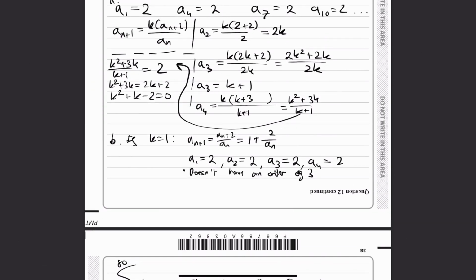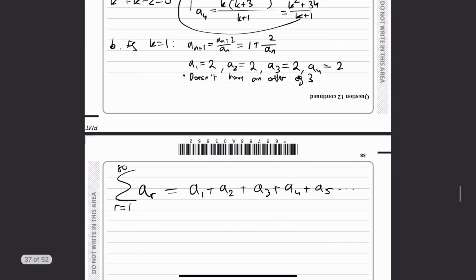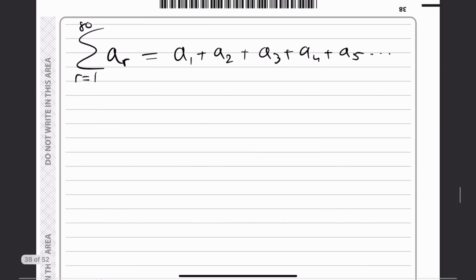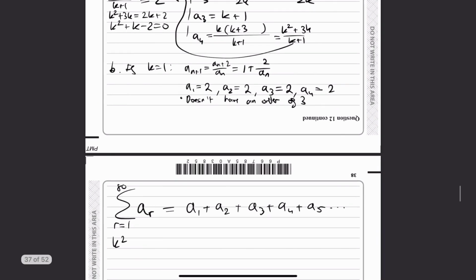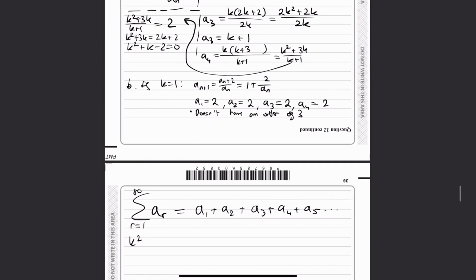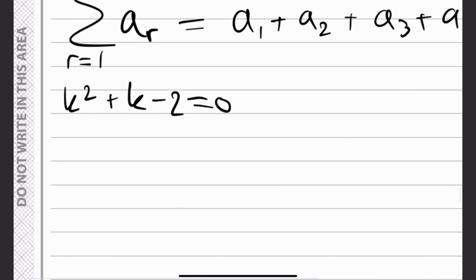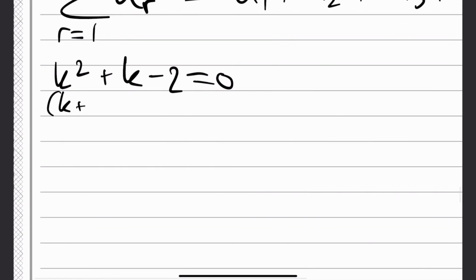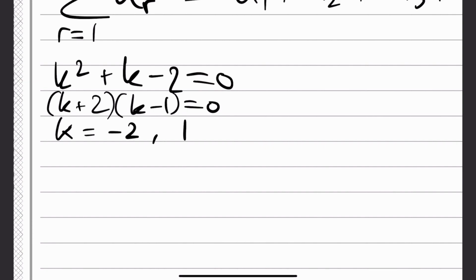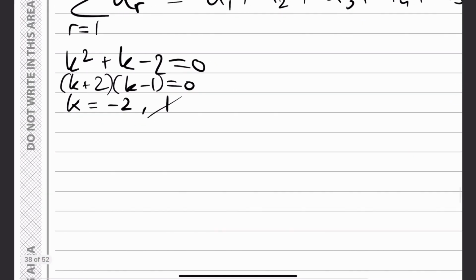Now that we've solved for K, because we've got K squared plus K minus 2 equals 0, we'll just solve K using this. K plus 2 times K minus 1 is equal to 0. So K is either equal to minus 2 or 1, and we just proved it can't be 1, so therefore K is minus 2.